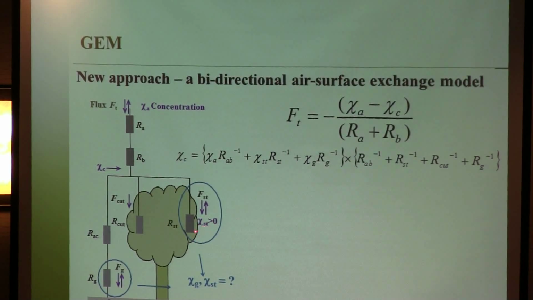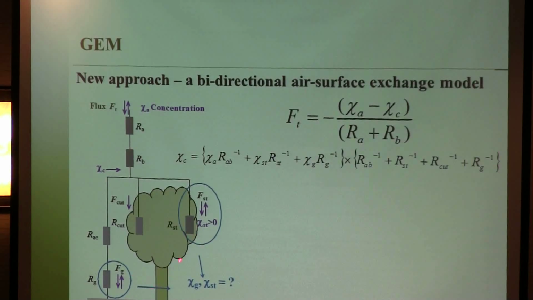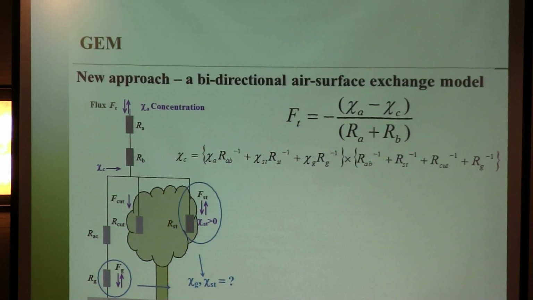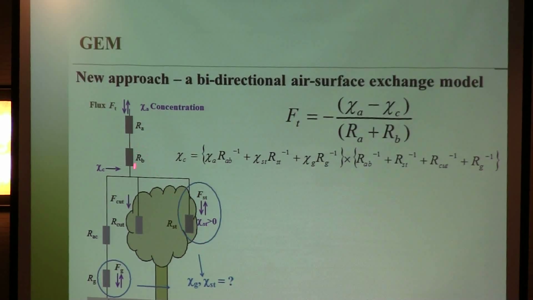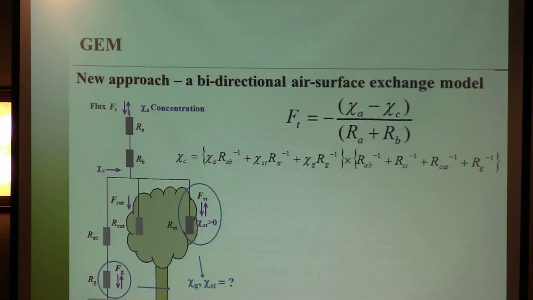So if you do not assume bidirectional exchange, all the deposition is just one unidirectional flux, like going to stomata, going to cuticle, and going to soil. And if you assume that it's bidirectional exchange between stomata and air and between soil and air, then your formula changes.